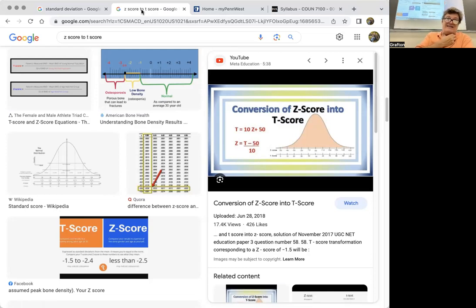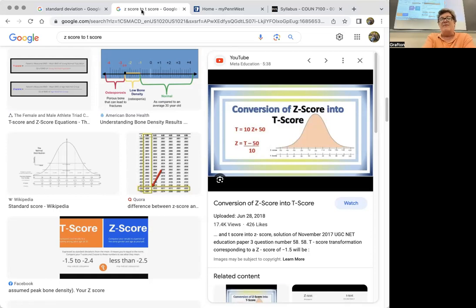What they're going to ask you is to convert a z-score to a t-score, or to convert one way or the other. Convert a z to a t, or convert a t to a z-score. So this is how you do it.